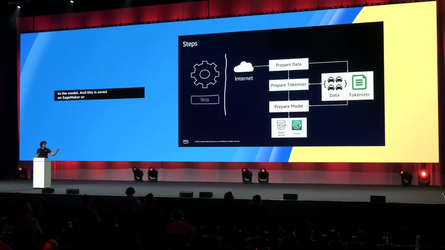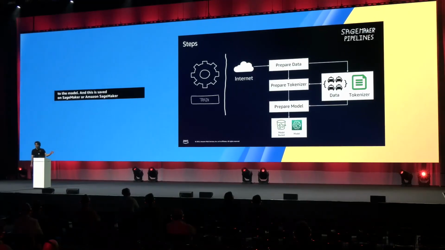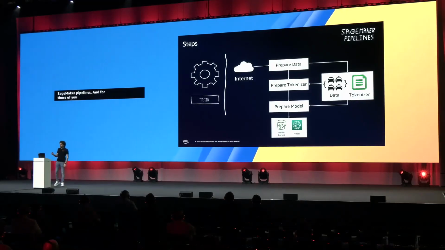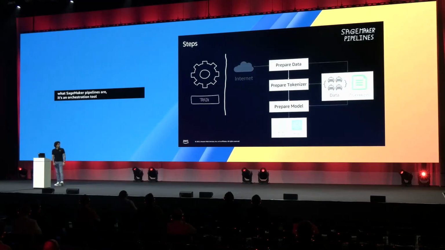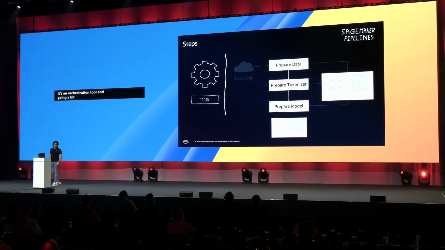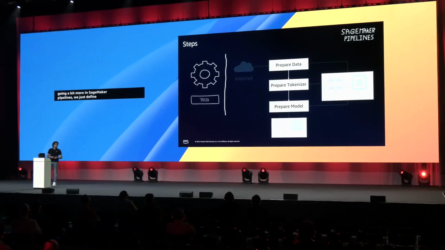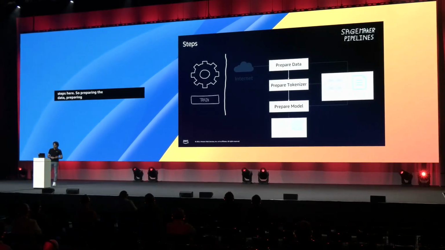To make this whole process easier for us, we are using SageMaker pipelines. And for those of you who do not know what SageMaker pipelines are, it's an orchestration tool. In SageMaker pipelines, we just define 3 steps here. So preparing the data, preparing the tokenizer, and preparing the model.